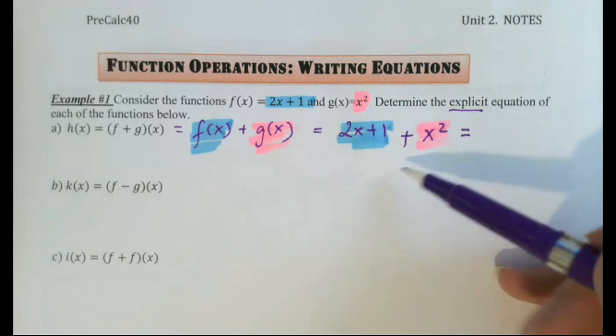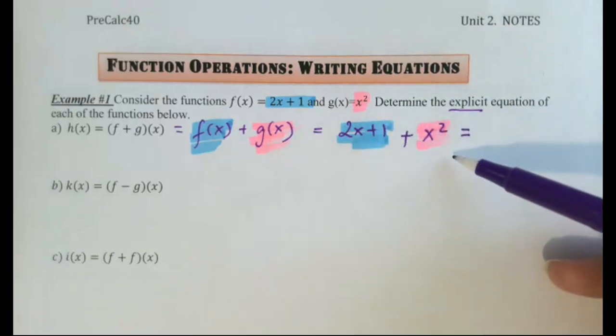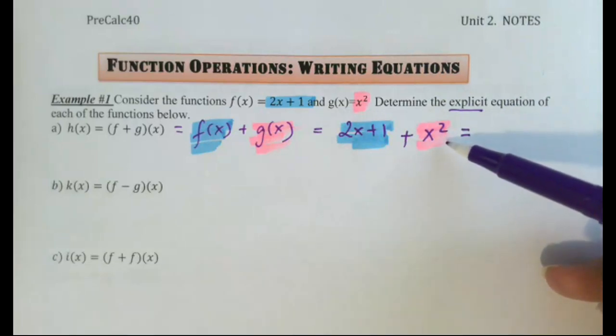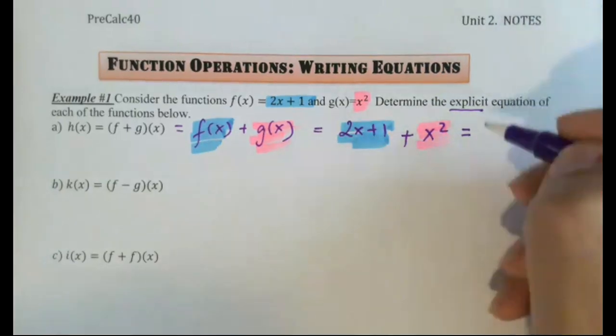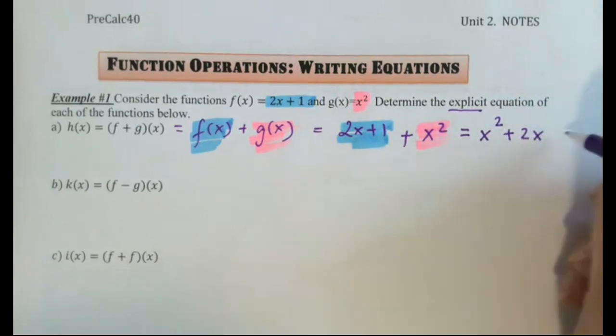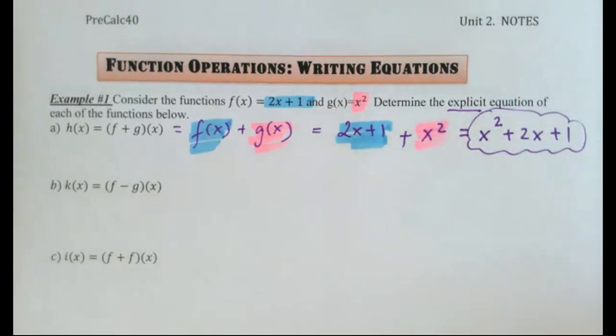Now this is an okay equation, but with polynomial functions, we usually write them in a descending order of exponents. So we're going to rewrite this one as x squared plus 2x plus 1. So that's the new function called h of x.